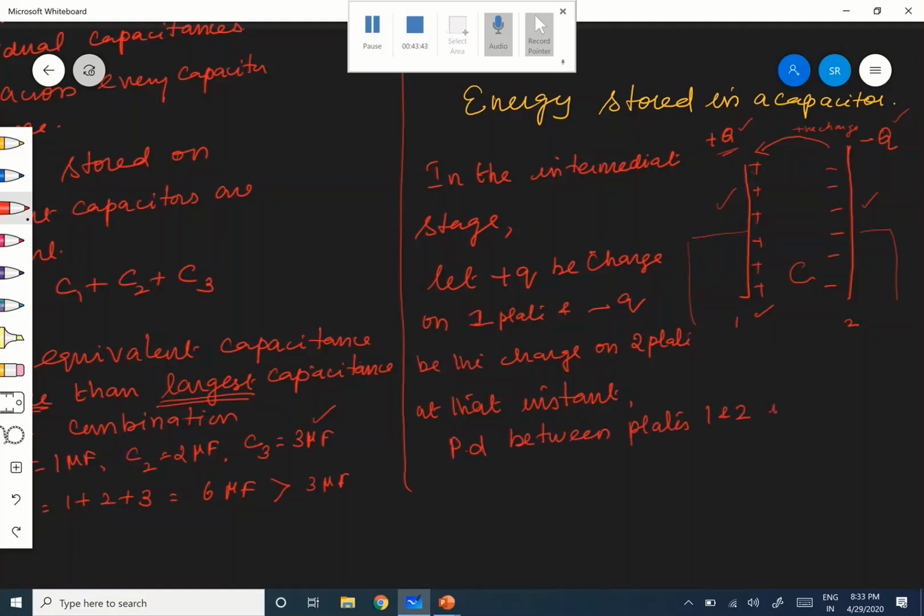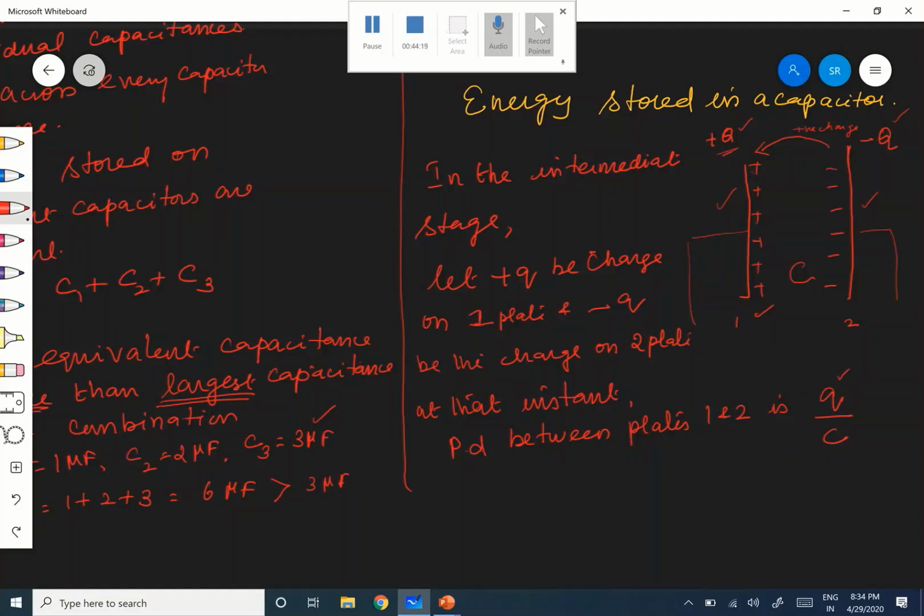It is q by C, because at that time the charge is q and C is the capacitance of the capacitor. I hope you are following. The charging is not yet over. At any instant, plus q is the charge on the first plate and minus q is the charge on the second plate. Therefore the potential difference is q by C.